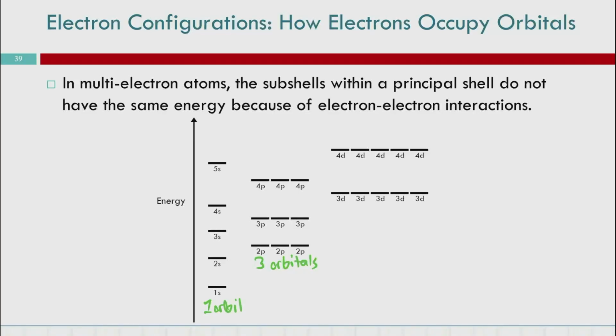So for our S, we've got one orbital. It's just the spherical one. For our P, we've got our 3 orbitals. Those are the 3 dumbbell shapes. For our D, we've got 5 orbitals, the double dumbbells plus the one with the donut. And if this looks like a lot, it is a lot. We aren't typically going to be doing this much stuff.